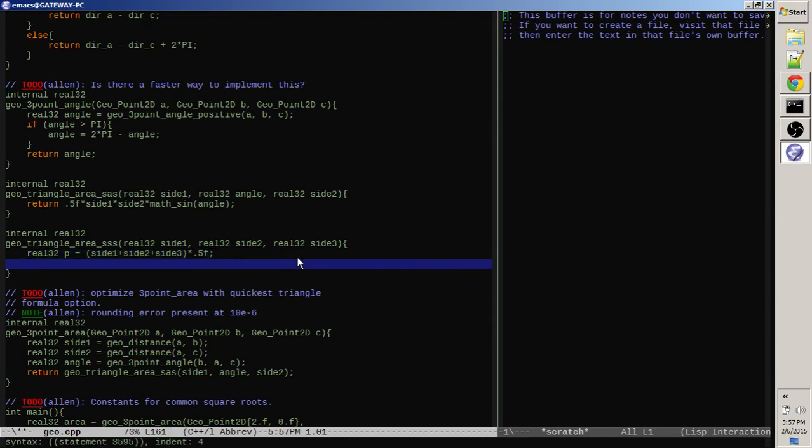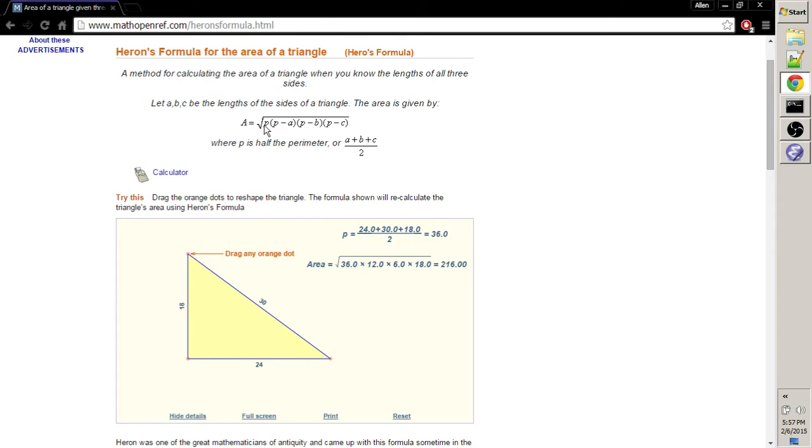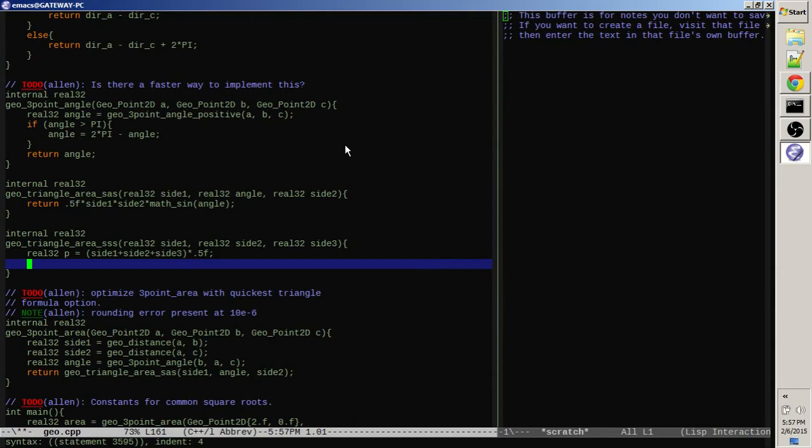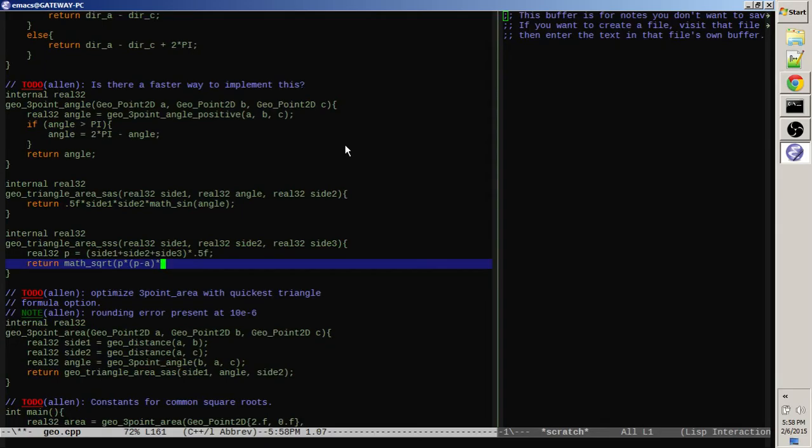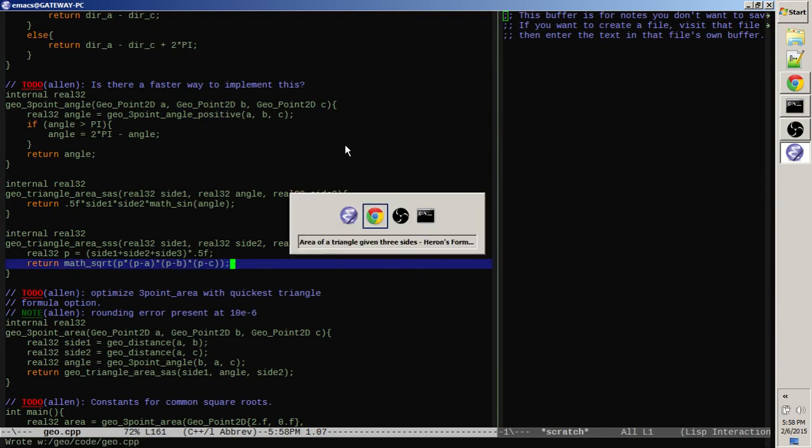So that's our p parameter, and then we're going to do all this work, probably just in one line. So we want the square root of p times p minus a times p minus b times p minus c. Right, so that's going to calculate the area from three side lengths.